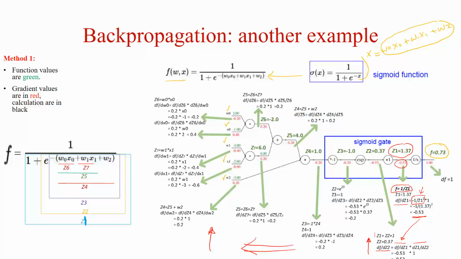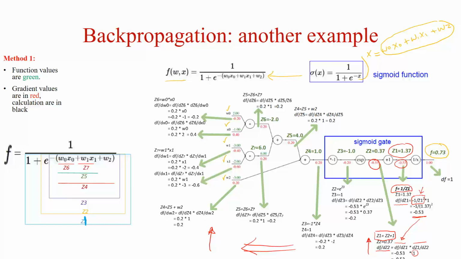Here is the relationship between z1 and z2. It turns out delta z1 over delta z2 equals 1, and therefore delta f over delta z2 equals the same as delta f over delta z1, which is minus 0.53. So I take the value here and I record it right here. Watch how I am propagating back. Therefore the name backpropagation.